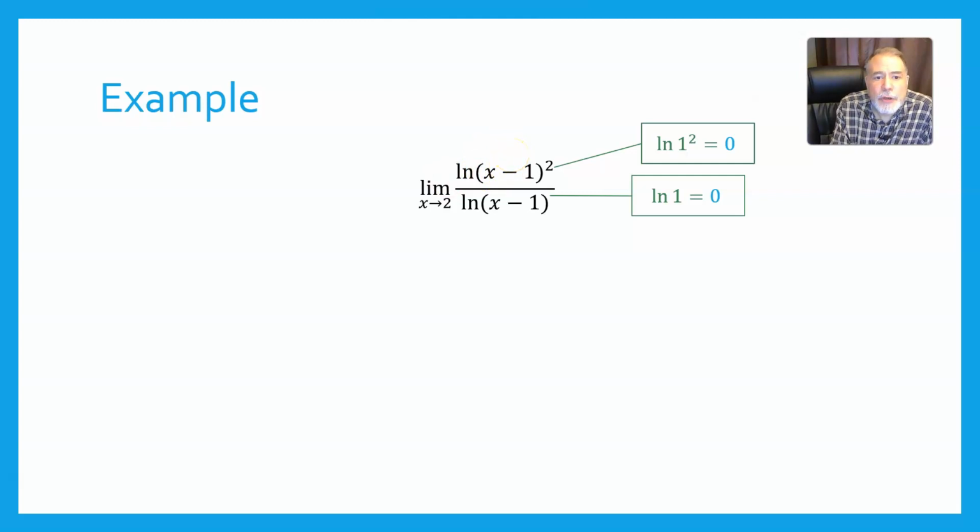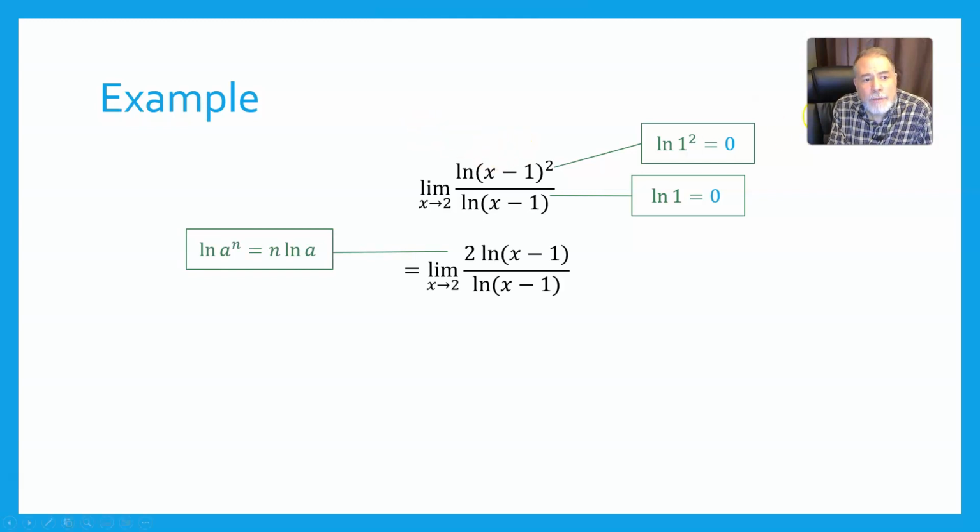We need some sort of trick to simplify or reduce or transform this function into one where we can see what's going on. And here we can take advantage of one of the properties of logarithms, the one that says that the logarithm of something to a power is always equal to the power times the logarithm of the something.